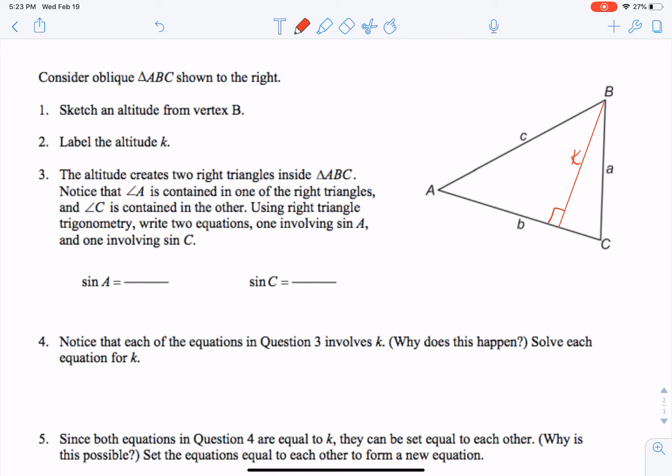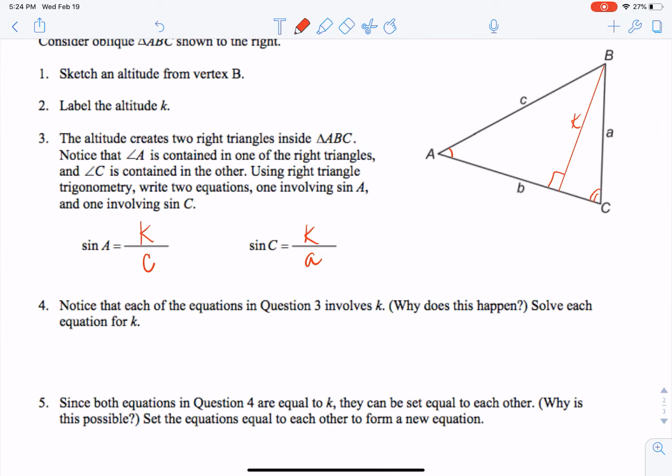Using right triangle trig, write two equations, one involving sine of A and one involving sine of C. Here is this angle A, so sine of A is opposite over hypotenuse, so K over c, and sine of C, which is right here, is K over a.